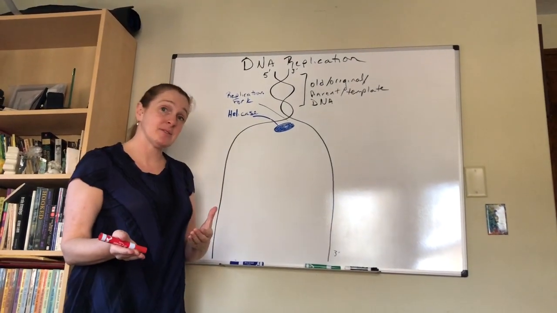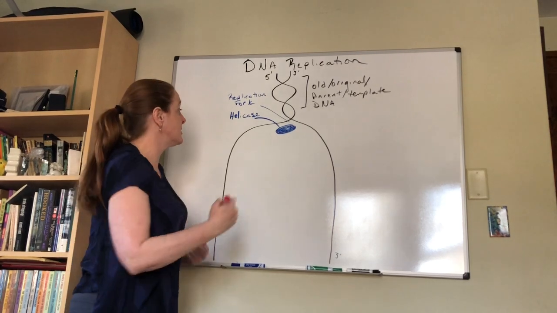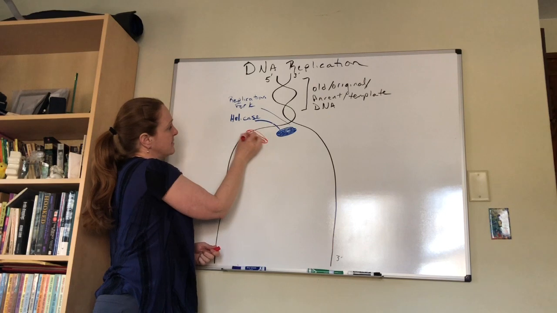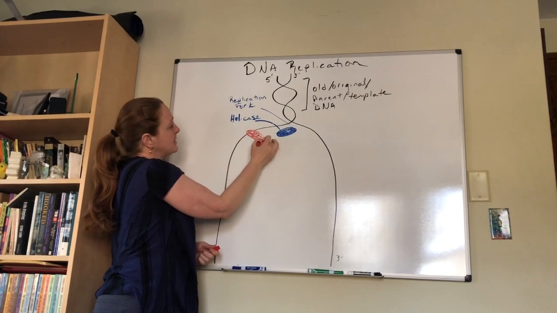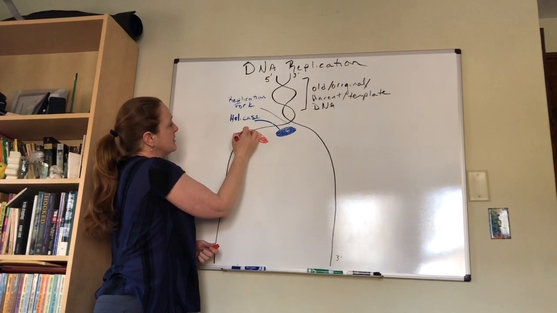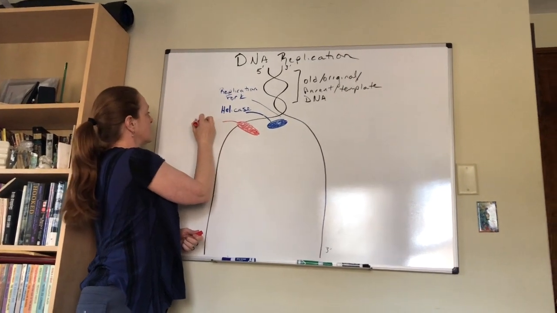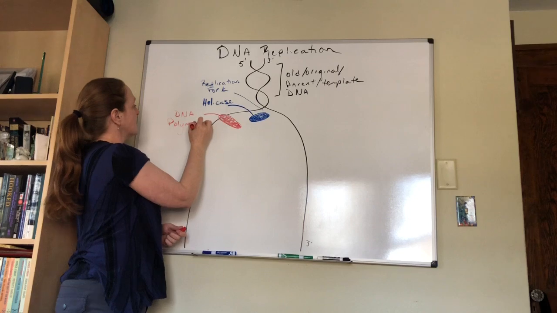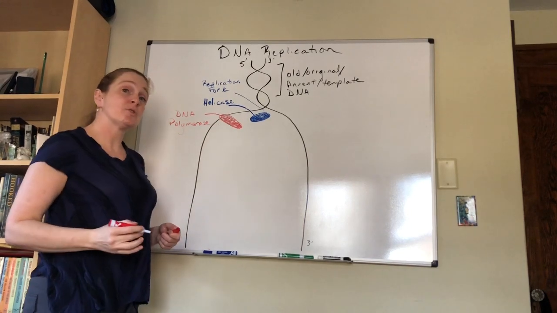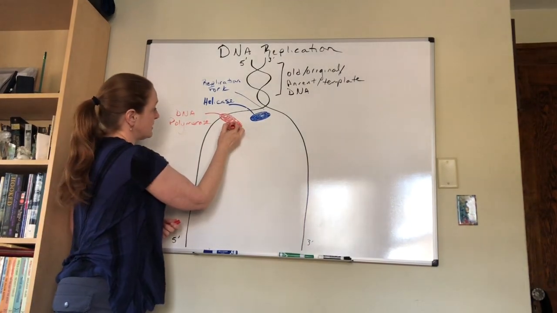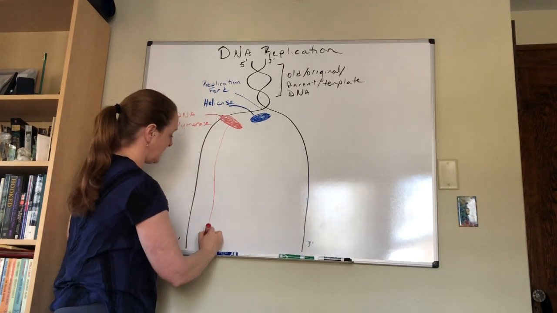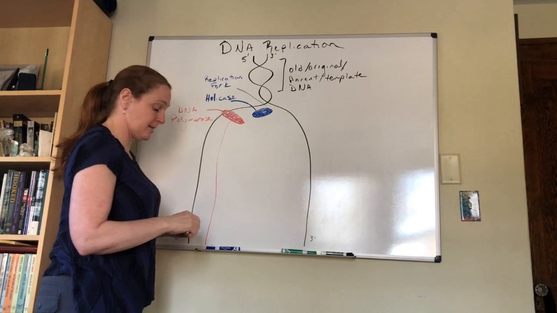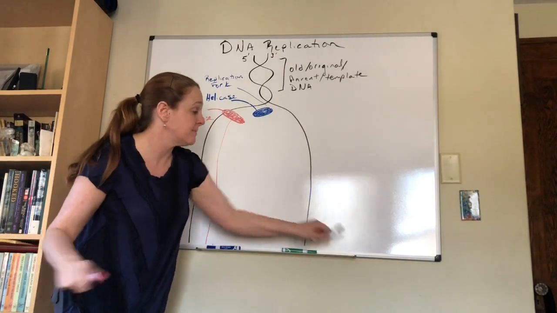The next enzyme that's going to come in and do some work will be DNA polymerase. So I'm going to draw DNA polymerase as this kind of red blob. DNA polymerase is going to be building our new strand of DNA. It is going to be using complementary base pairing to build and make that new strand of DNA.